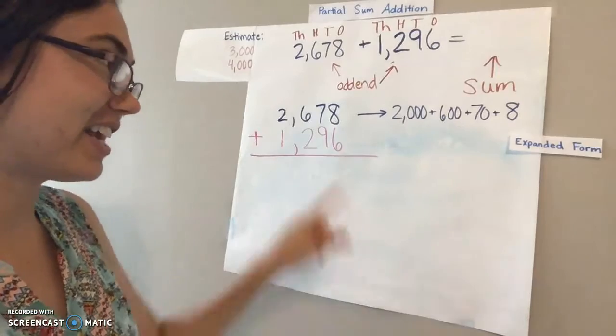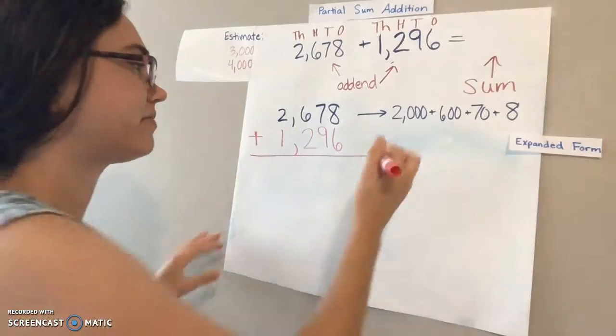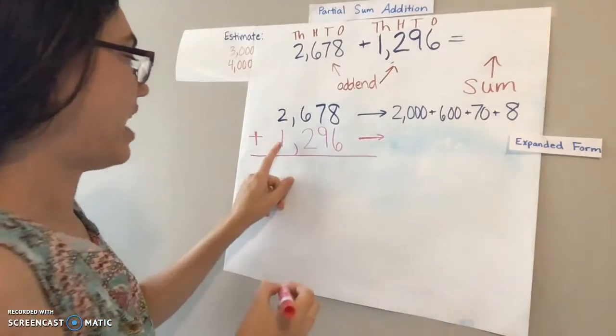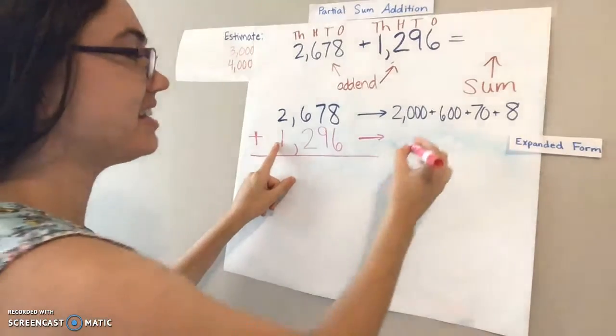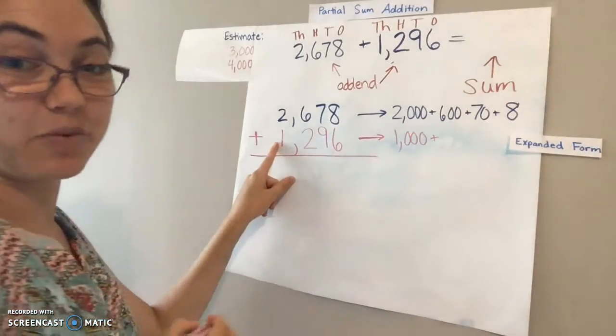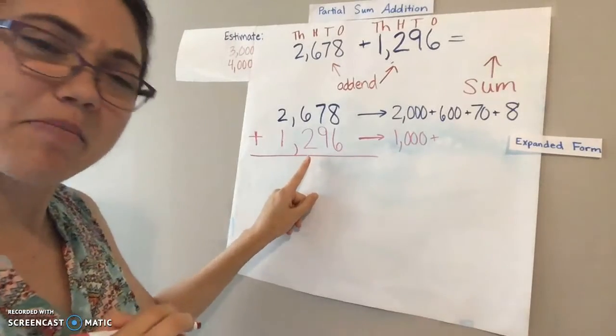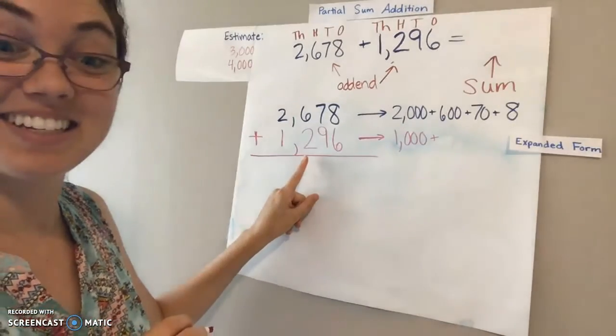Okay, let's take a look at our second addend. How many thousands do we have? I see 1 in the thousands place, which means we had 1,000. In the hundreds place, I see a 2. How many hundreds do we have? 2.